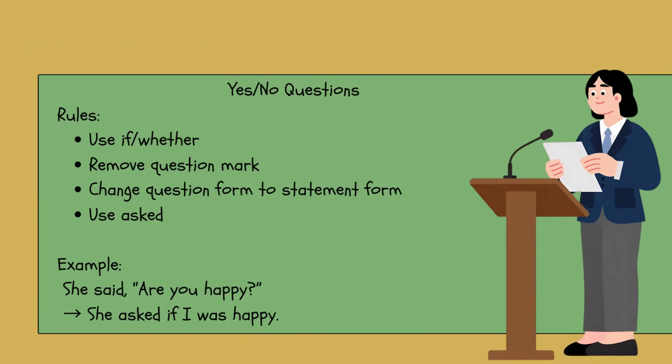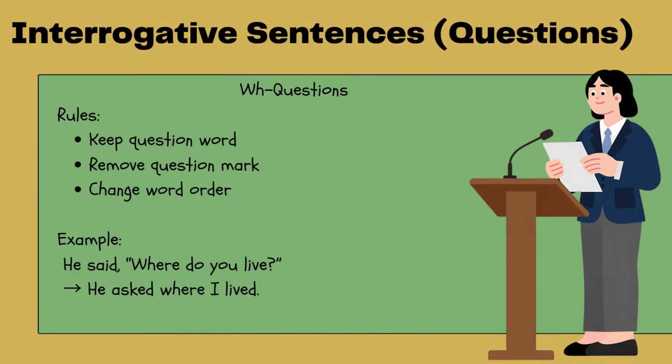Now let's move on to the next part of interrogative sentences, which you need to make a note of. Why? Because in English, for all the rules, we have certain exceptions. Just like that, in interrogative sentence conversion, you're not going to use "if" or "whether" for all interrogative sentences. Because for WH questions, keep the question word. You're not going to use "if" or "whether." Instead, you directly keep the WH question word.